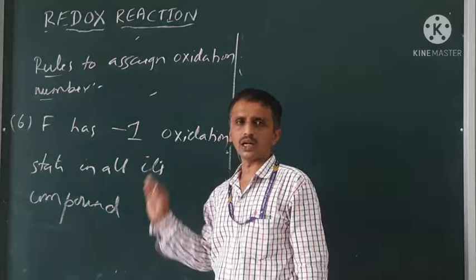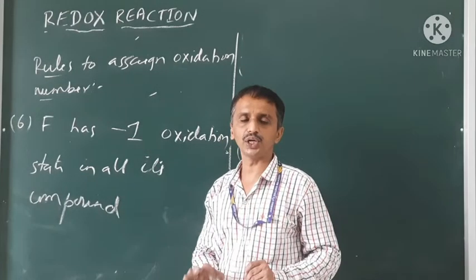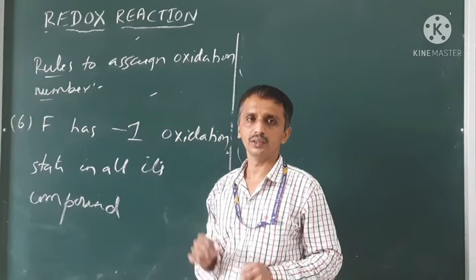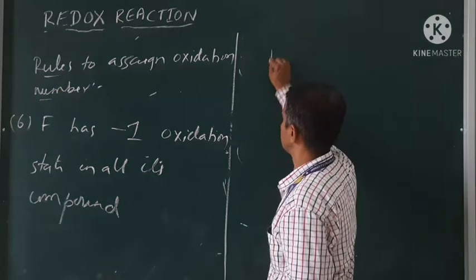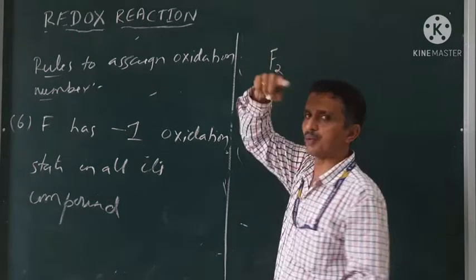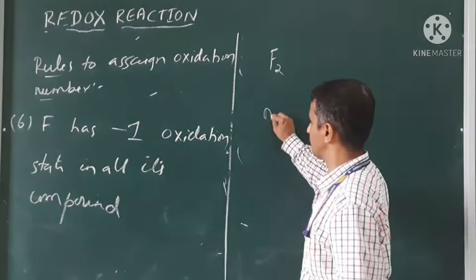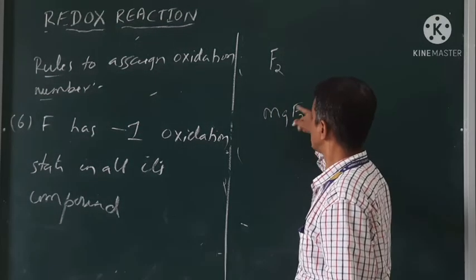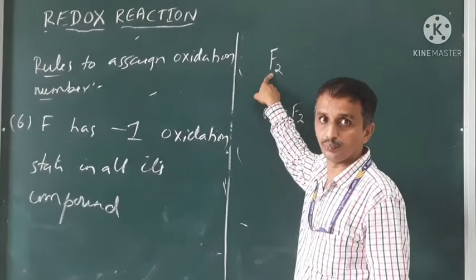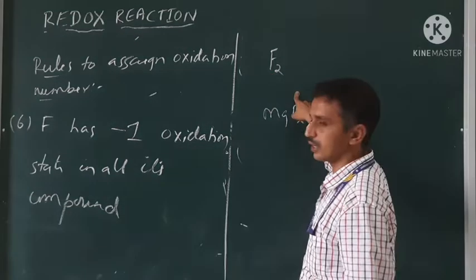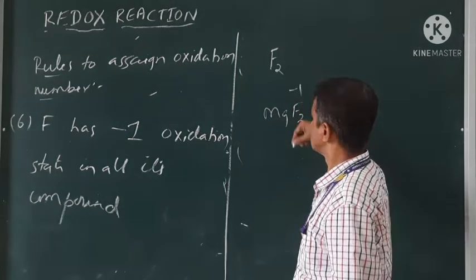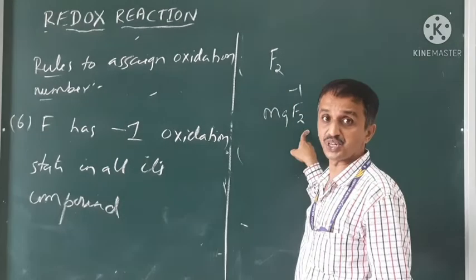Means fluorine cannot have any positive oxidation state, it can have only the minus 1. If the F2 is there, then it is 0. Not in MgF2. Only if F2 is there, then it is 0. Here it is minus 1 only, because it is not in the free state.